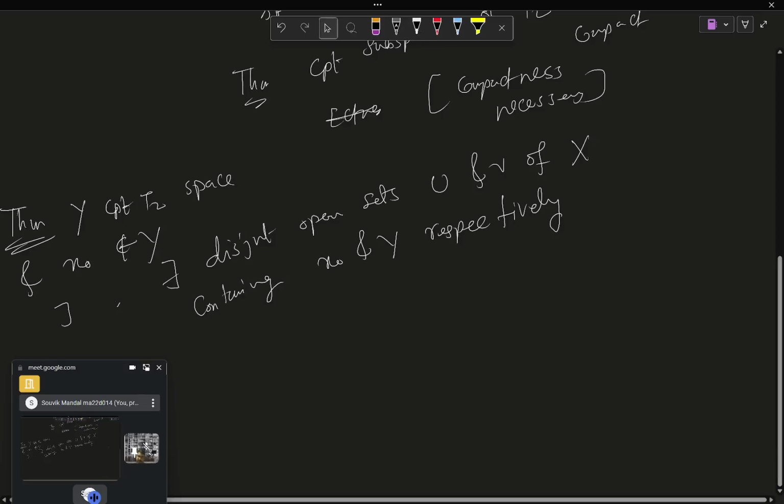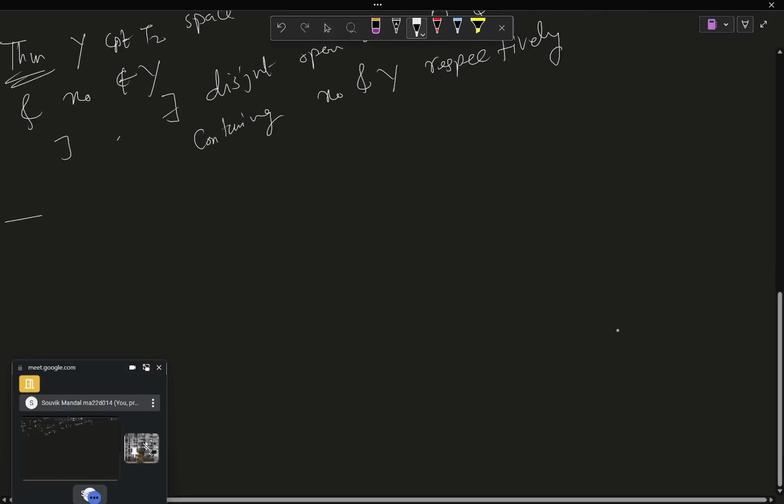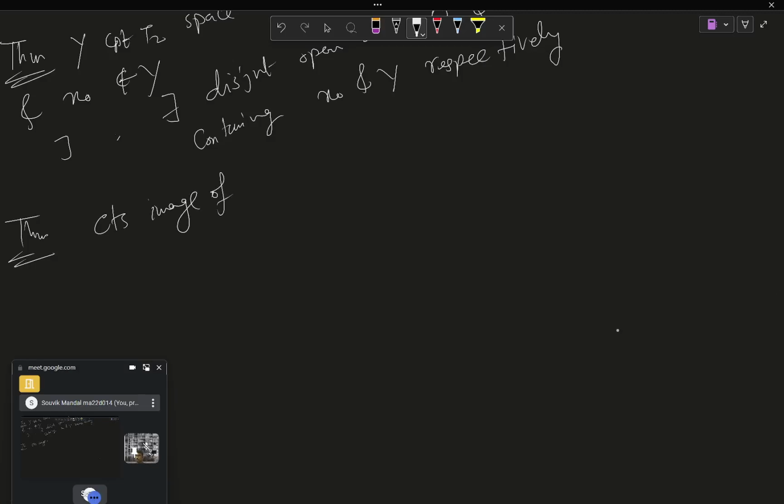Another theorem on compactness is that the continuous image of compact sets is compact.